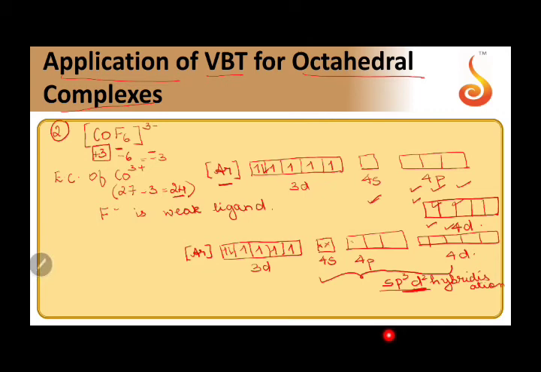Again, we can show them as crosses or stars. 6 fluoride donating 6 electron pairs, occupying all the hybrid orbitals. So this is the electronic configuration of the complex.